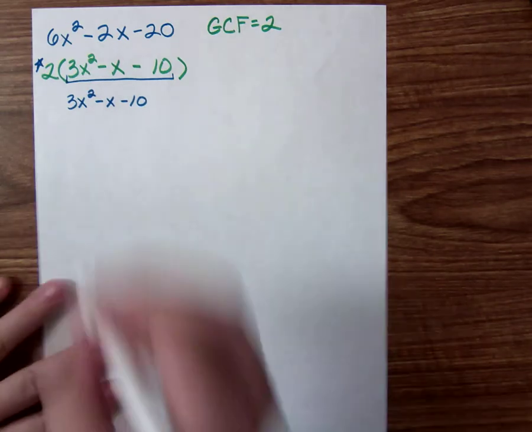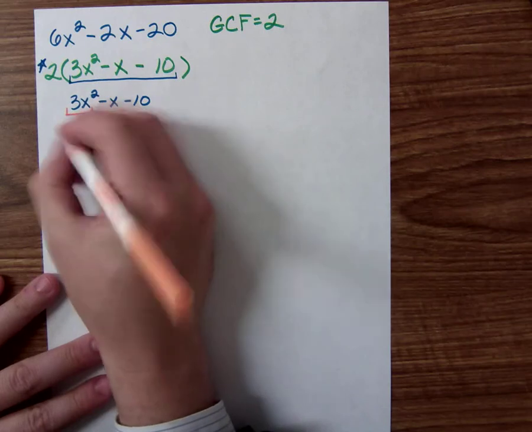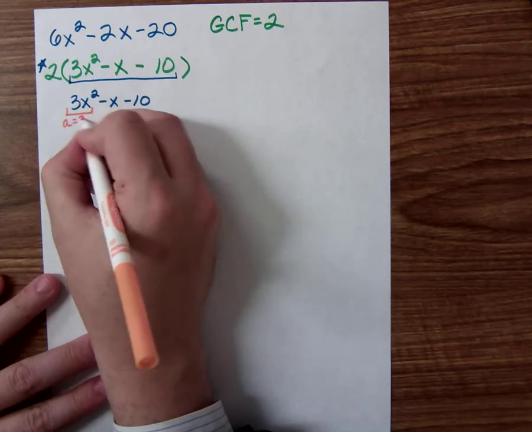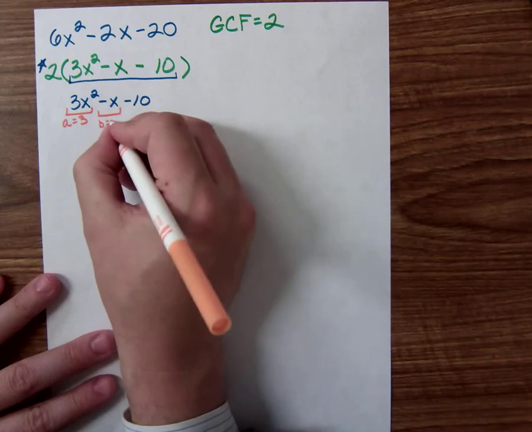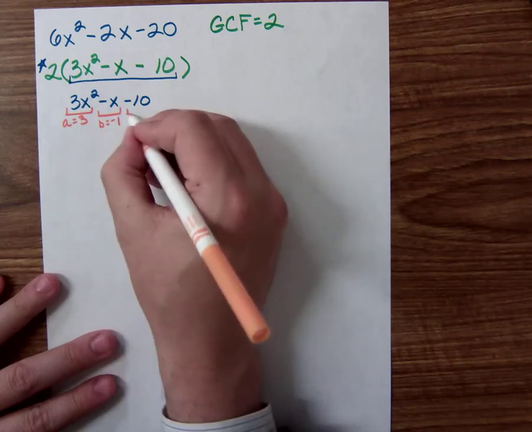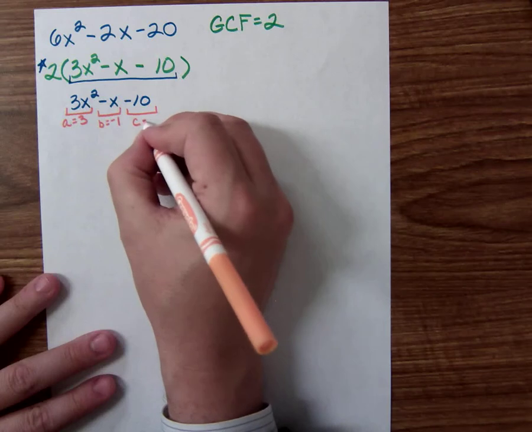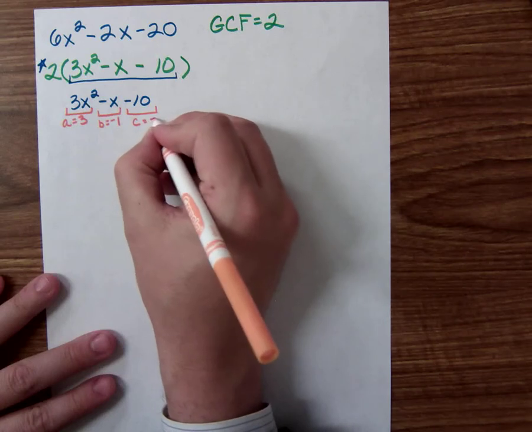Hey, speaking of, what's A? 3. A is 3. B's a little tricky. What's B? -1. And C is -10.